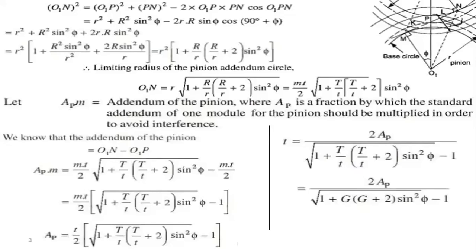Then we have got the AP value, that is t by 2 into root of 1 plus T by t into (T by t plus 2) sine square phi minus 1.